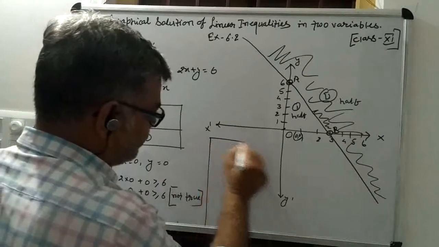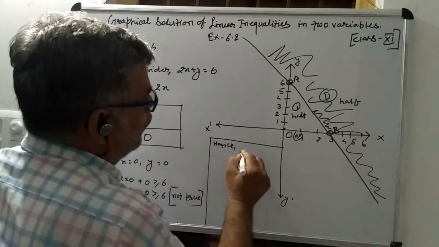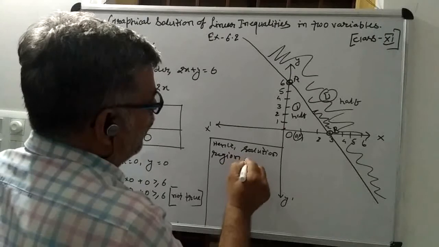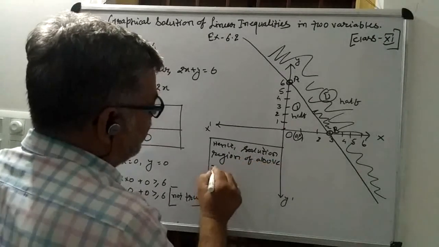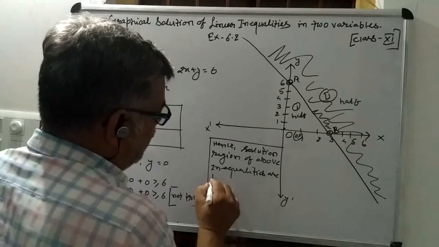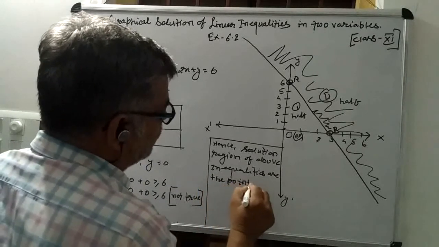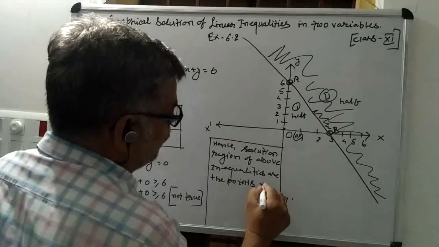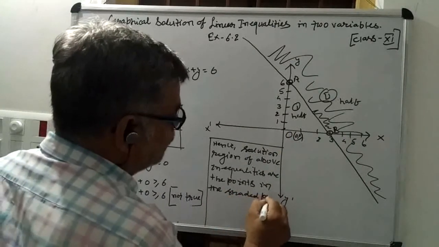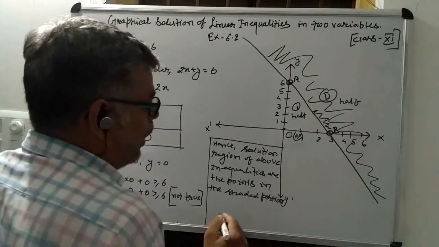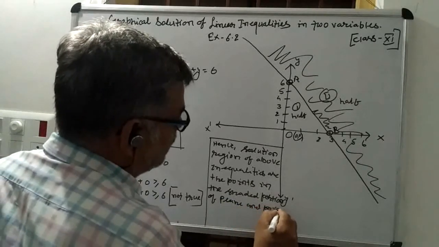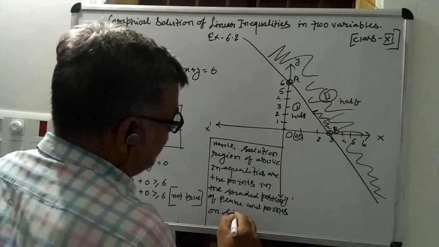So hence the solution region of the above inequality is the points in the shaded portion of the plane, and points on line AB also.